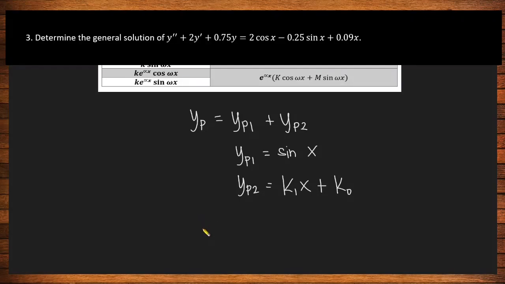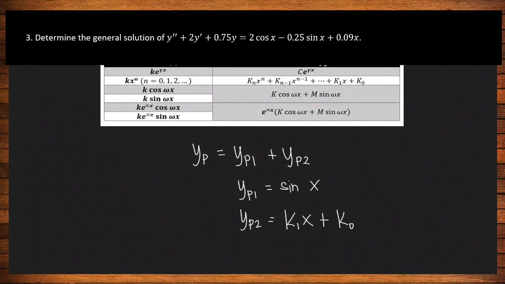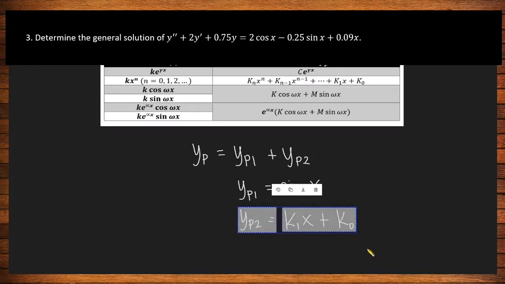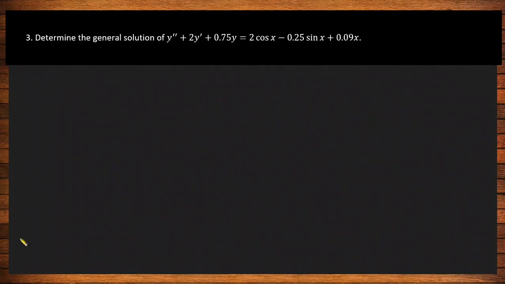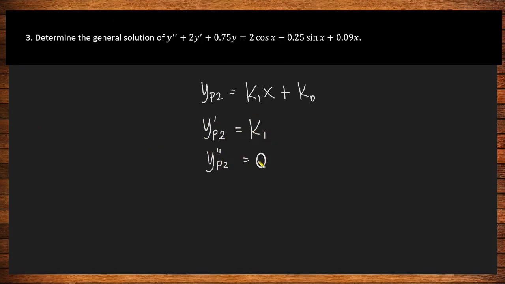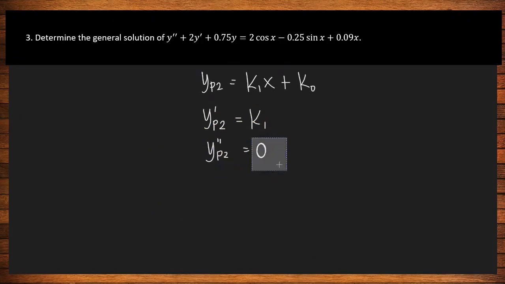Next naman is hanapin natin yung value ng coefficients k sub 1 and k sub 0. So same lang dun sa ginawa natin kanina, we will take our equation y sub p2 and then substitute this and its corresponding derivatives into our non-homogeneous ODE.